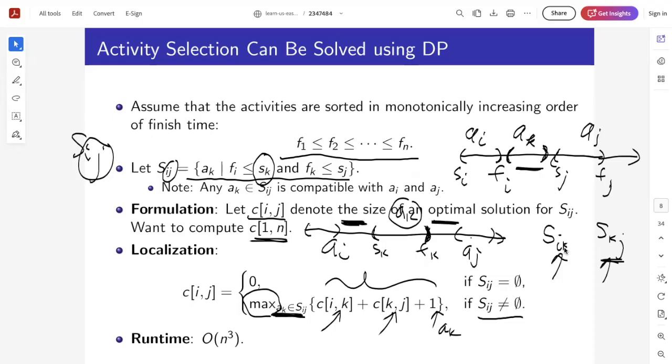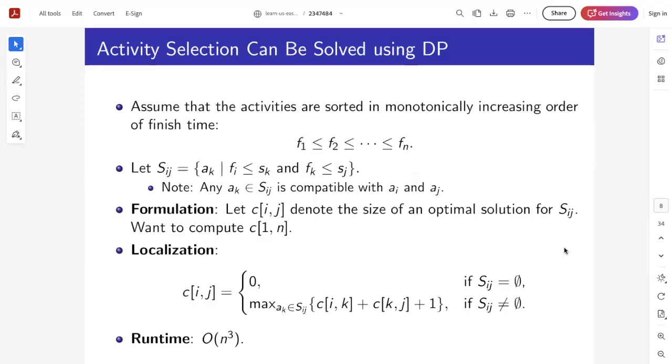As we discussed when we looked at dynamic programming, it's easy to figure out the running time. The runtime depends on how many subproblems we have. First we look at Ij.